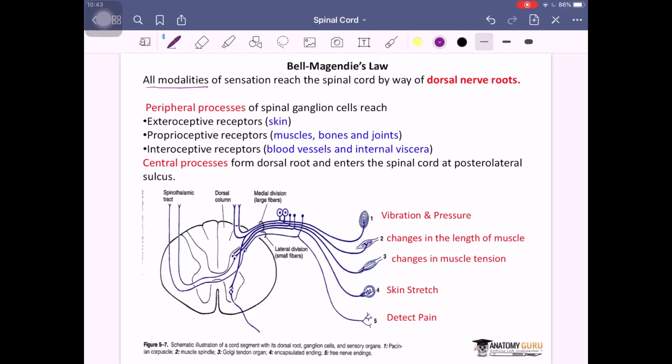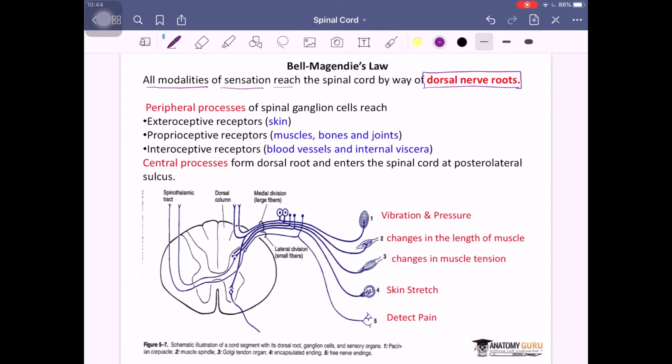Vibration, pressure, muscle tension, muscle length, stretch of the skin, pain, temperature, any of these sensory modalities. So all modalities of sensation reach the spinal cord by way of the dorsal nerve root. That means there is no other way by which sensation reaches the spinal cord. This is the law, and the law has no exception. This is what we call the Bell-Magendie law.